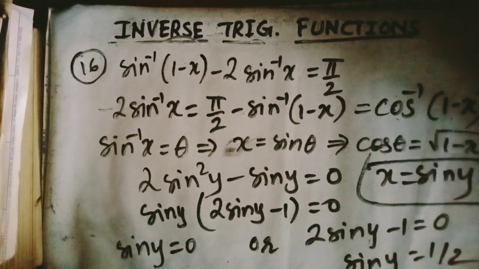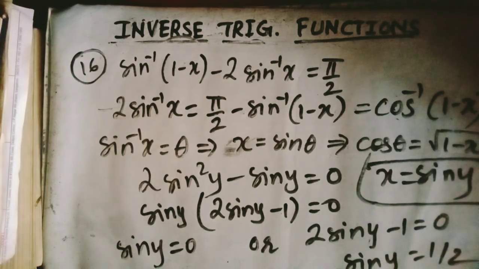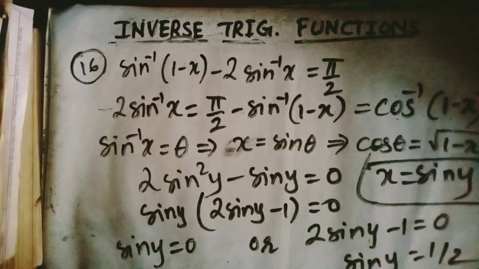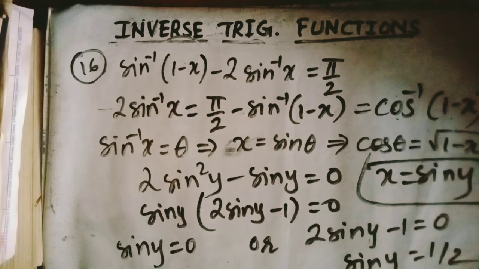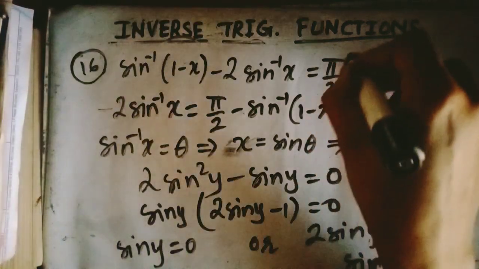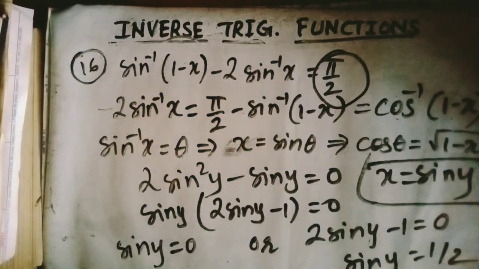Okay, so we can substitute and see. So when it is 0 and when it is half, when it is half you will get the left hand side as minus pi by 6, which is not equal to pi by 2. Okay, so that's why you have to consider x equal to 0.